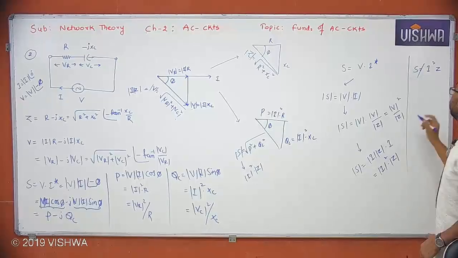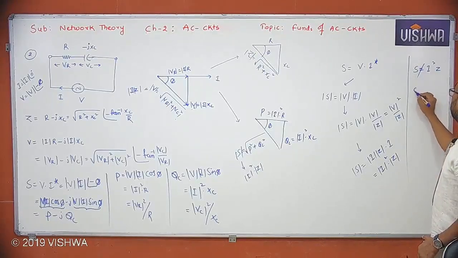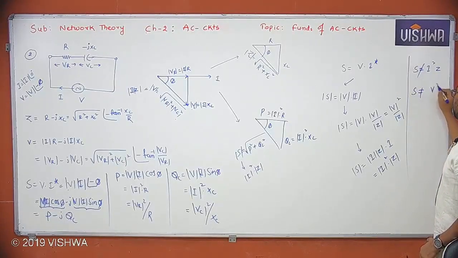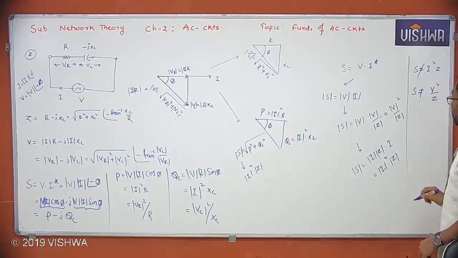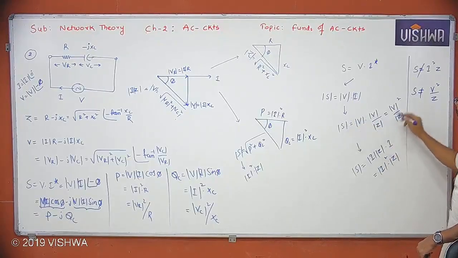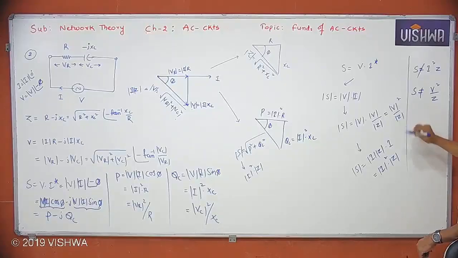Because conjugate is there. S is not equal to V square by Z. But S magnitude is equal to V square by Z magnitude, or magnitude I square into magnitude Z. But you cannot write simply complex values like this. Understand all of you?